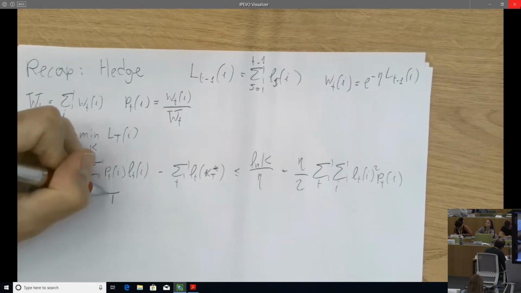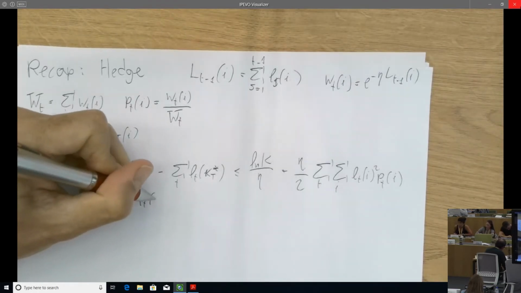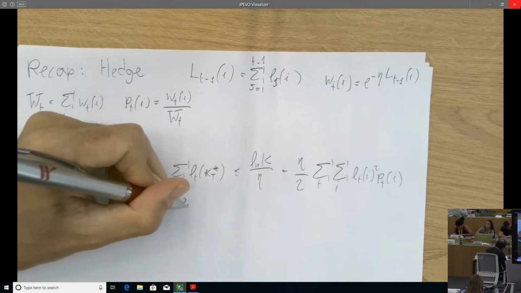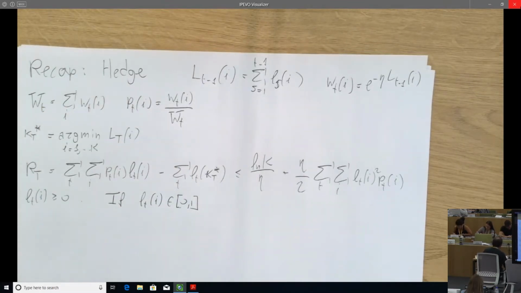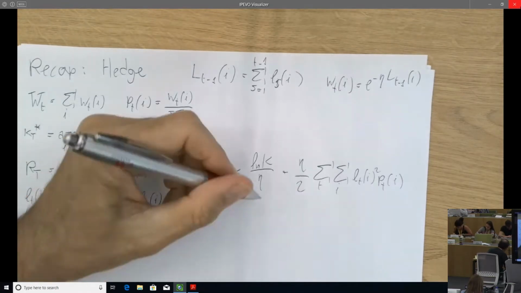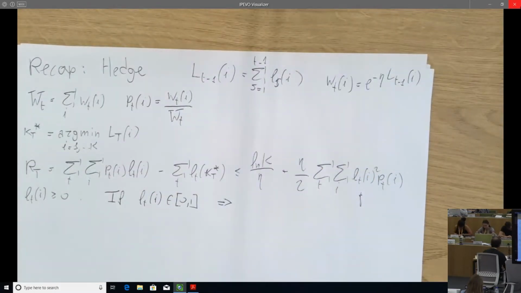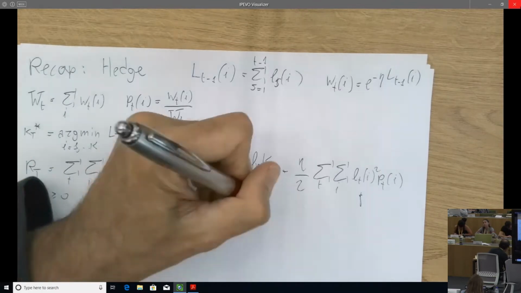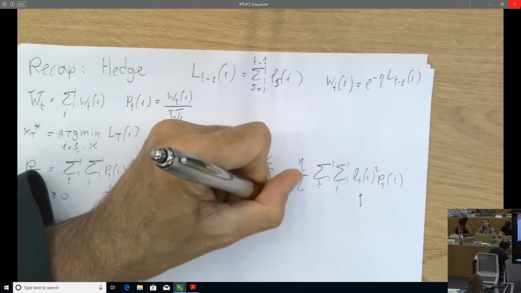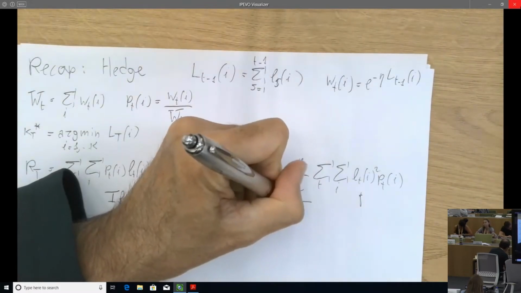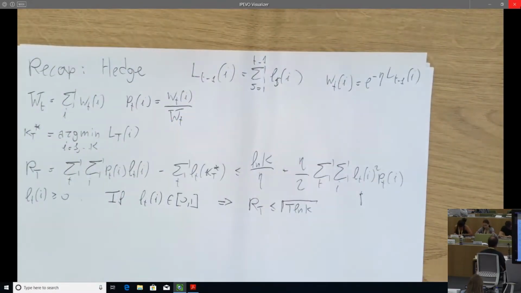Then, if losses are bounded between 0 and 1, where the universal quantifier over t and i is understood, we could upper bound this quantity by 1, do the tuning for eta, and get the bound on the regret which we showed, disregarding small constants. This was the bound that held with full information, in the sense that after each prediction, you saw the losses of every action for that time step.